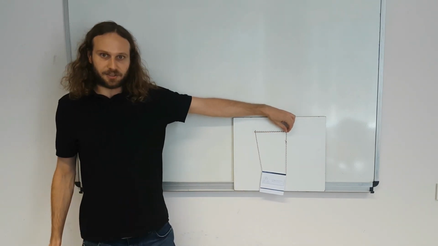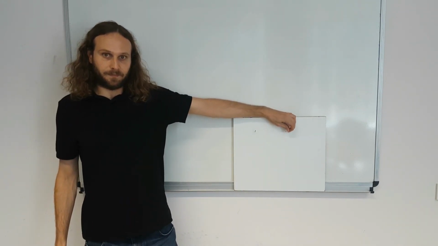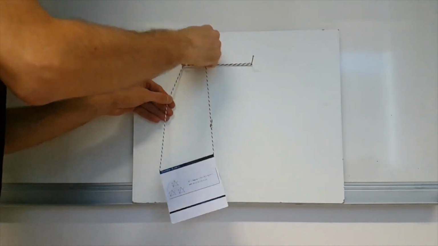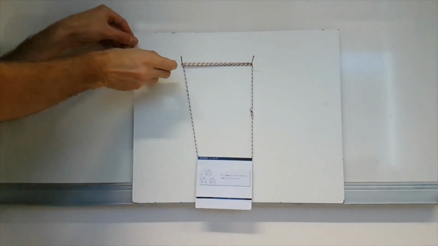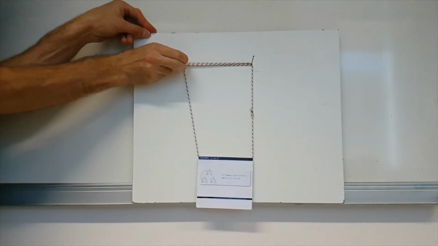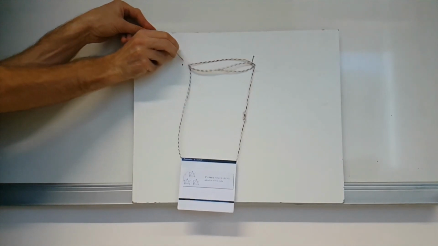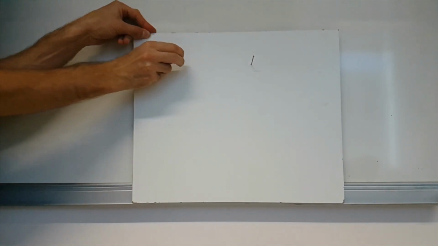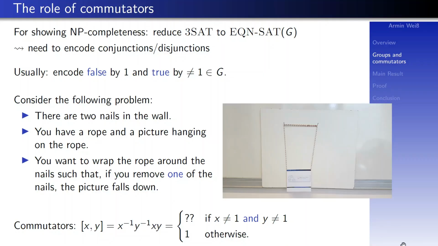And now let's try. So as you have seen, the commutator of 2 elements can serve as this conjunction.